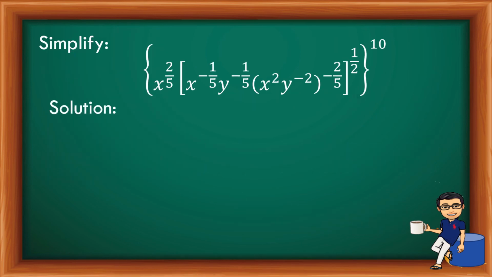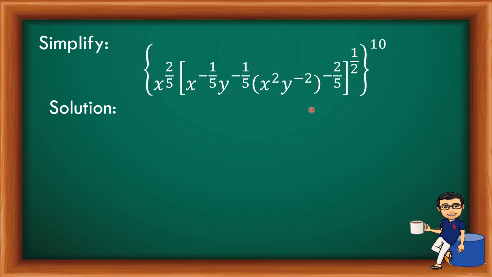But before that, it is very important that we know the order of operations. Remember that with this expression, there are three grouping symbols involved: the braces, the bracket, and the parentheses.